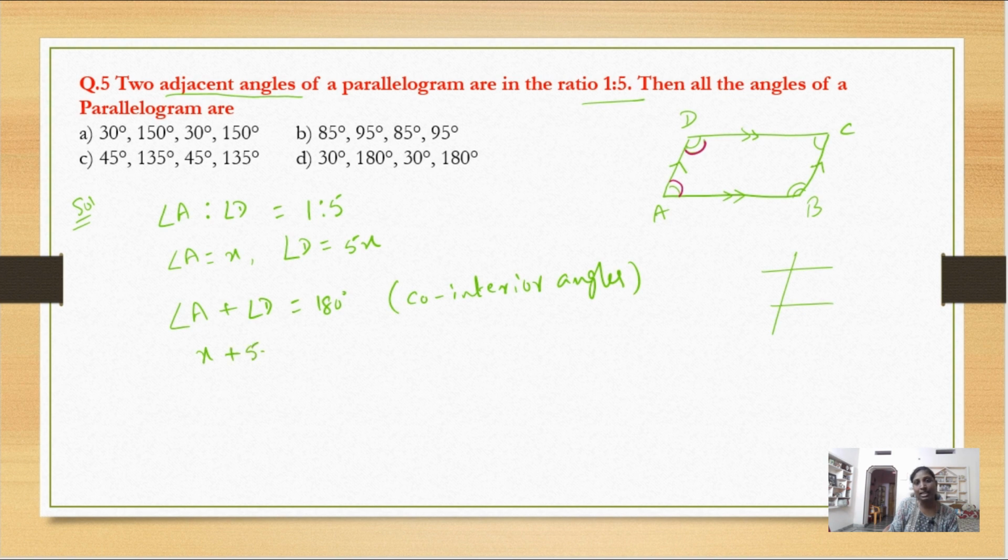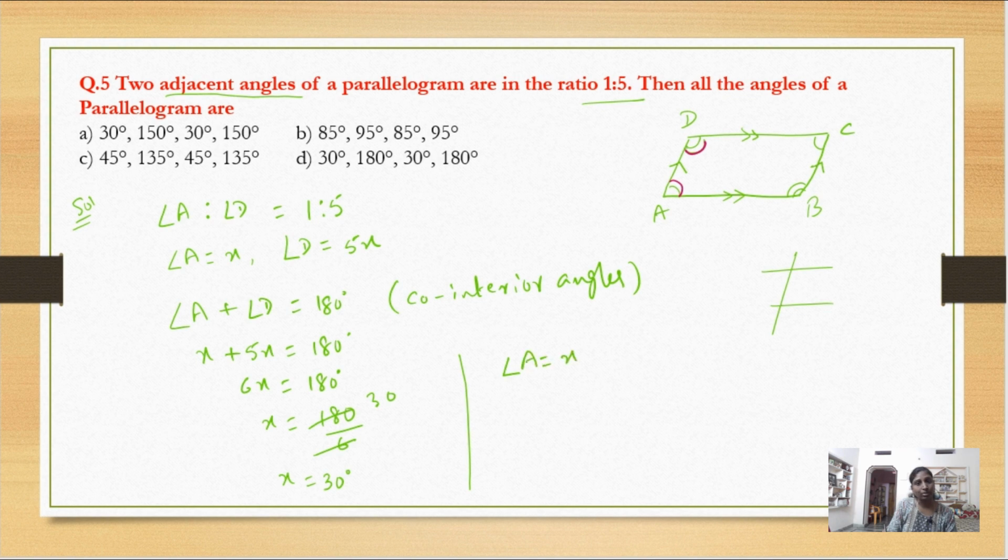So what is angle A? x. What is angle D? 5x. So x plus 5x is equal to 180. Now it's very simple. 6x is equal to 180 degrees. So x is equal to 180 by 6, which is 30 degrees. Now the question is, what are all the angles of the parallelogram?